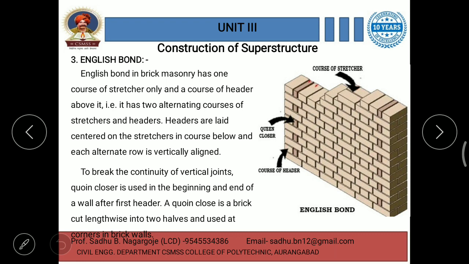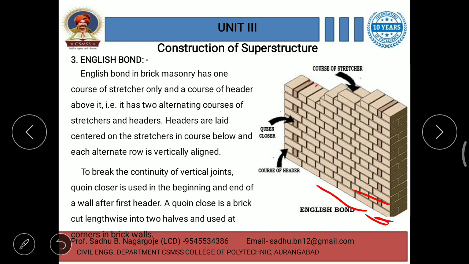Suppose we start from here: the first course is a stretcher, and then the second is a header.